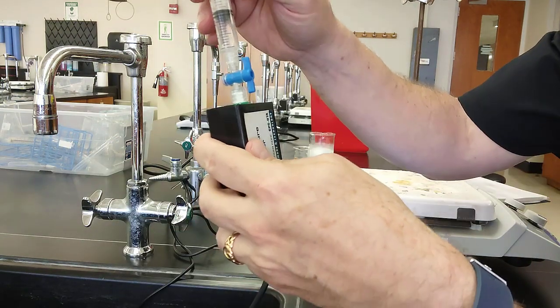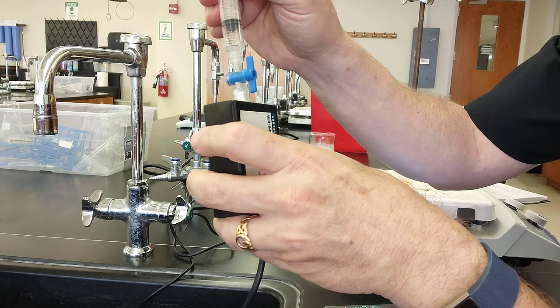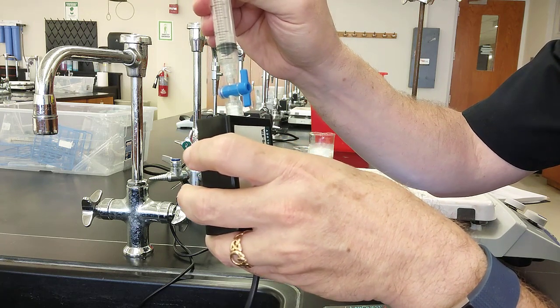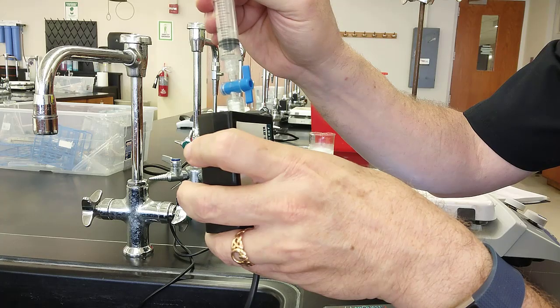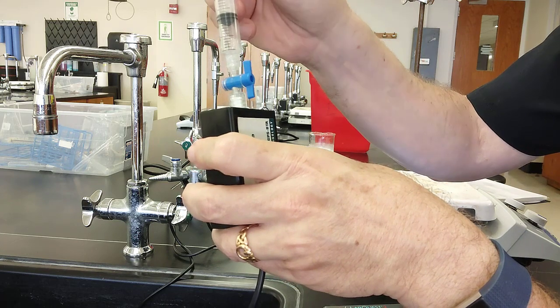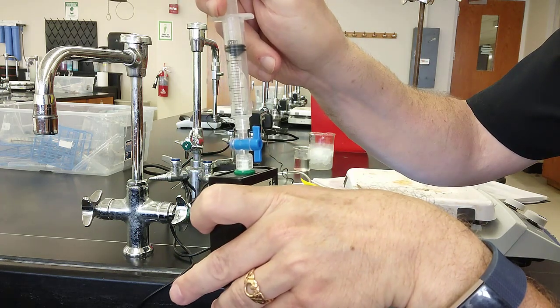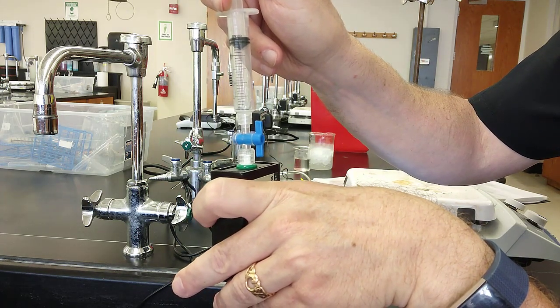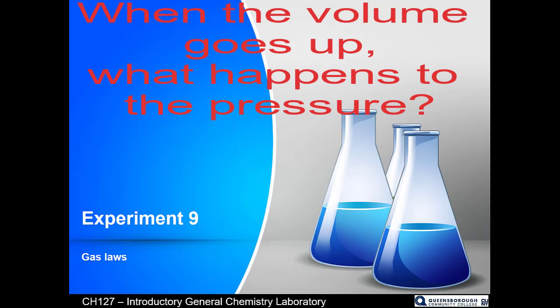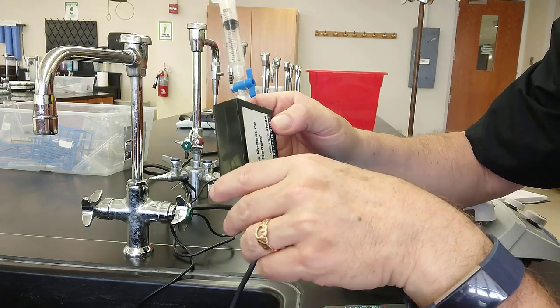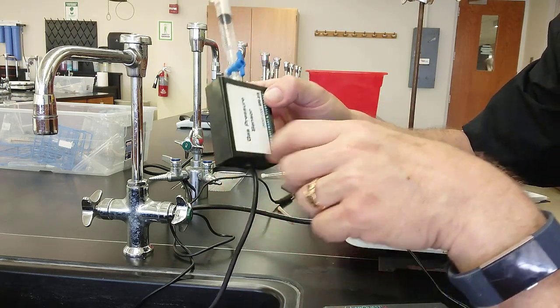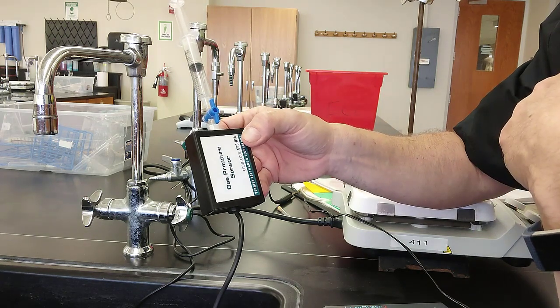When the volume goes down, what happens to the pressure? When our volume goes up, what happens to the pressure? What is the relationship between pressure and volume? That is Boyle's Law.